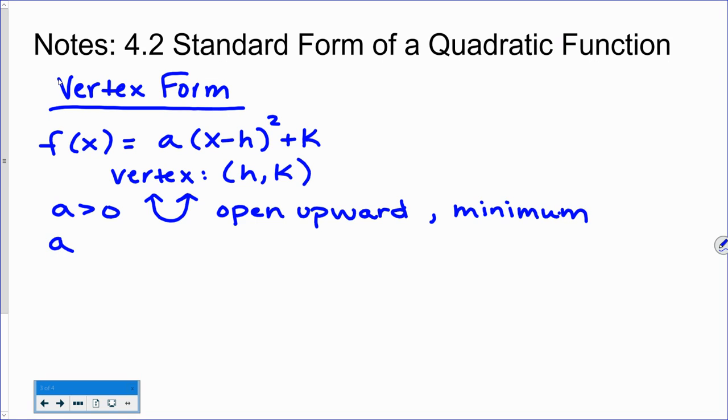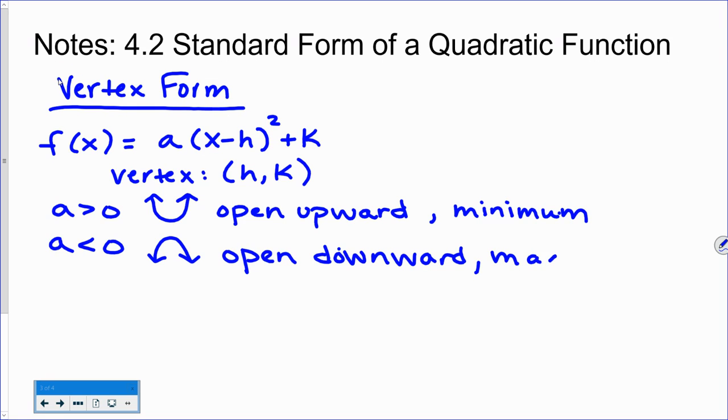If your a value is less than 0, so it's a negative number, that's a reflection, so our graph will flip upside down or open downward, which gives that graph a maximum. All right, so that's still some review from yesterday. We only talked about this general form in our last example yesterday. We're going to start to see more with this a value moving forward into our quadratics unit.